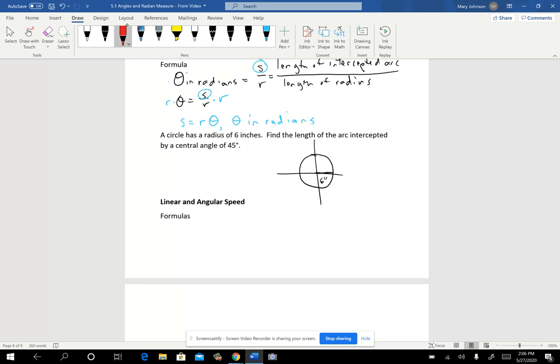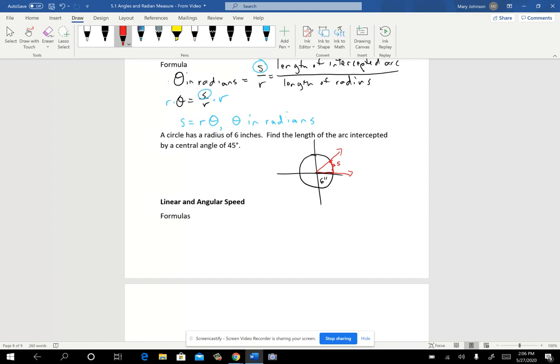So here would be the location for that angle. And we want to know this right here, the length of that arc. So that's what S is, the length of the intercepted arc.